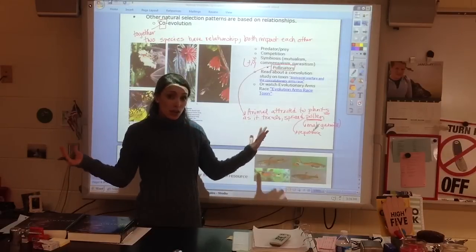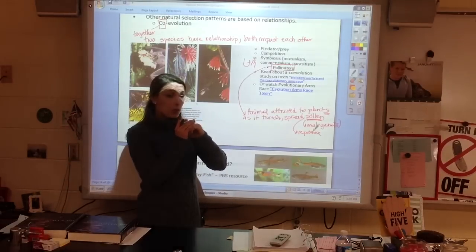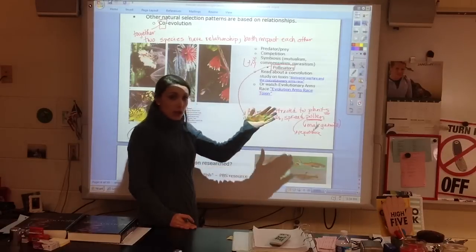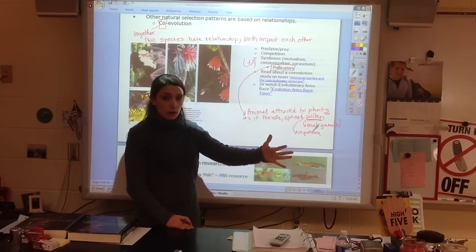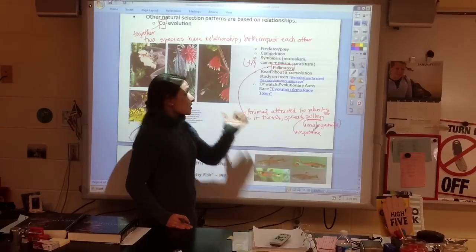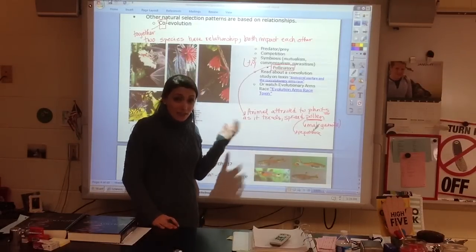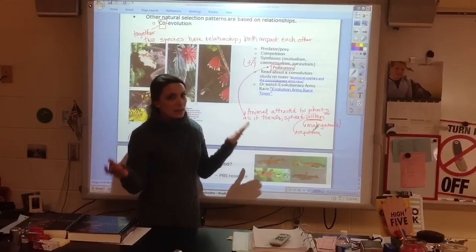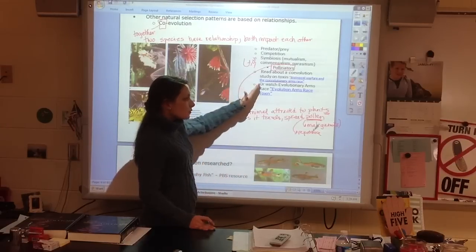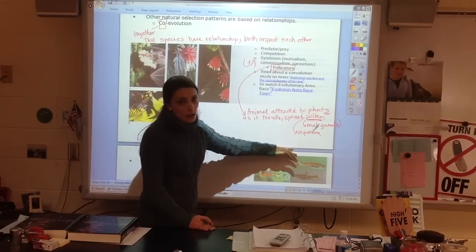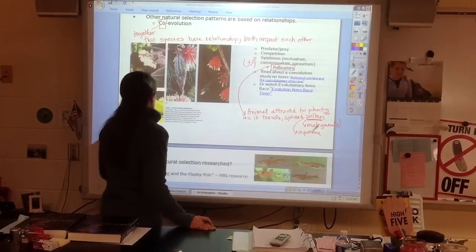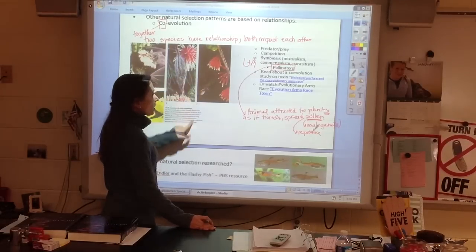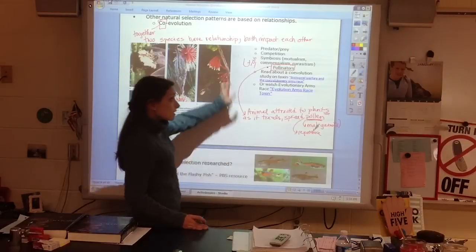We had some variation in the diameter of the flower, but because of the shape of the hummingbird's beak, it was selecting for flowers that were longer. The flower was actually also selecting for birds whose beaks were longer. So we see this back and forth, where the selection force of one has an impact on the other. And so we actually see a big relationship with pollinators and flowers, and that is mutualism.